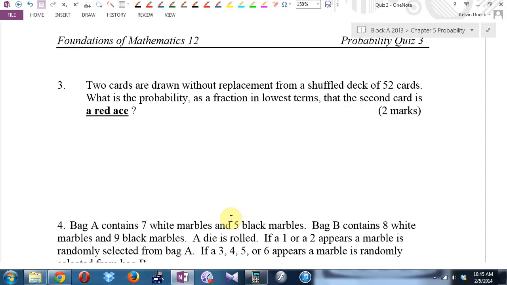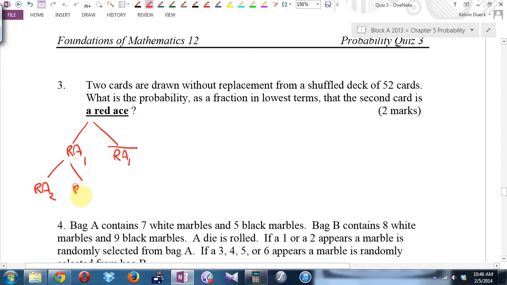So my tree is going to look like this. Red ace on the first card. Or not. Red ace on the second. Or not. Red ace on the second.